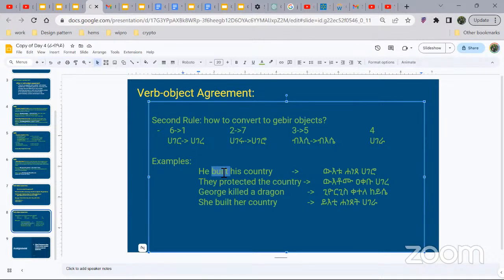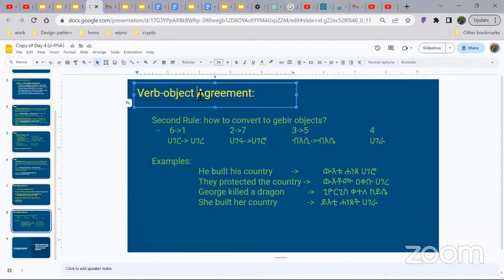Yes, it's transitive. If it's not transitive, I don't need to change anything. I don't have an object, so I shouldn't worry about an object. This is when I need to change the object to Gabir. If I have a transitive verb, I should make verb-object agreement. What does verb-object agreement mean?